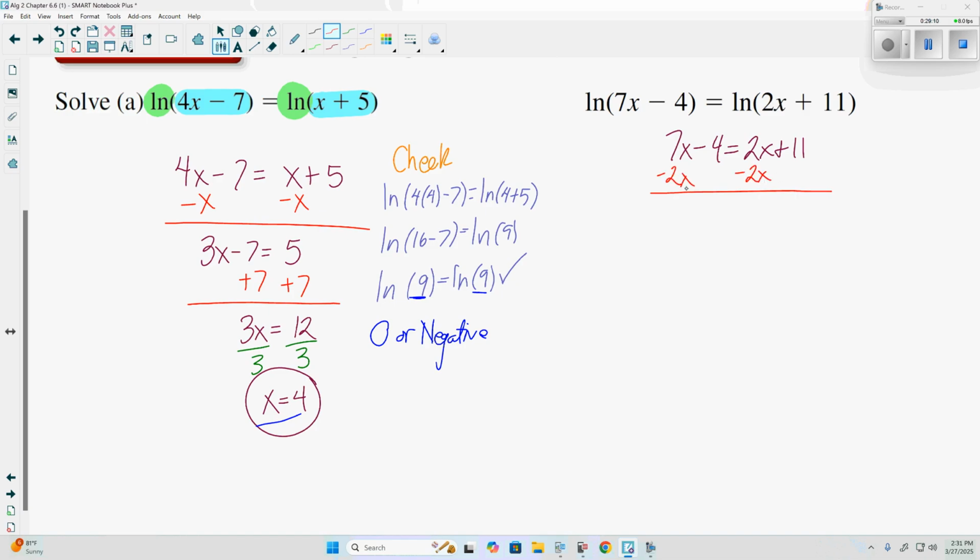We can subtract 2x from both sides. 7x minus 2x is 5x, minus 4 is equal to 11. Then we can add 4. 5x is equal to 15. Divide by 5.